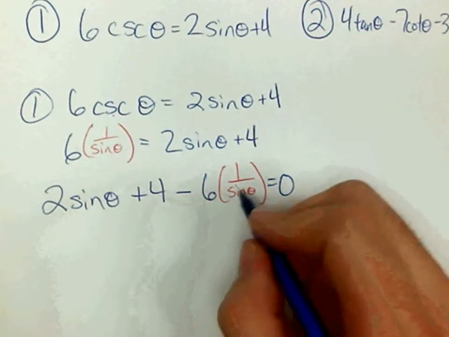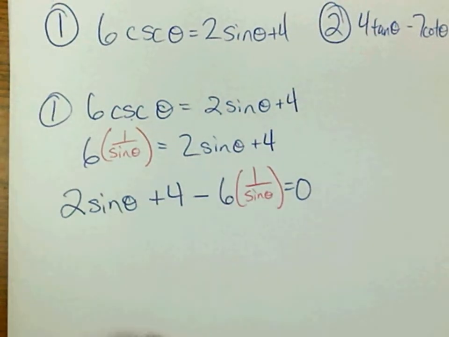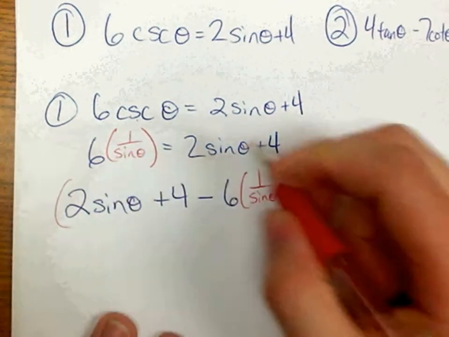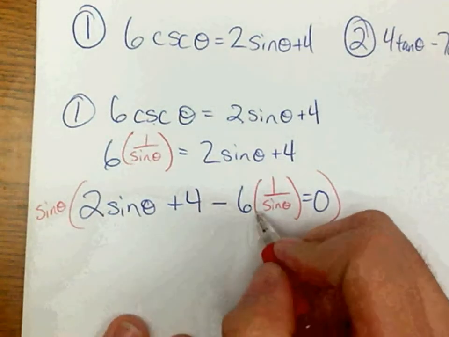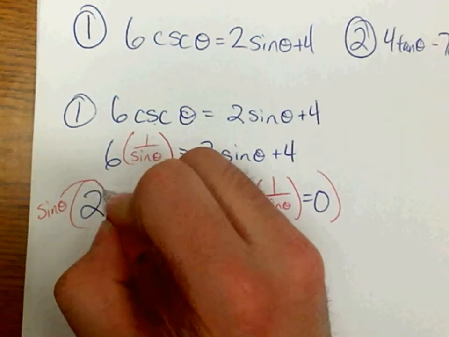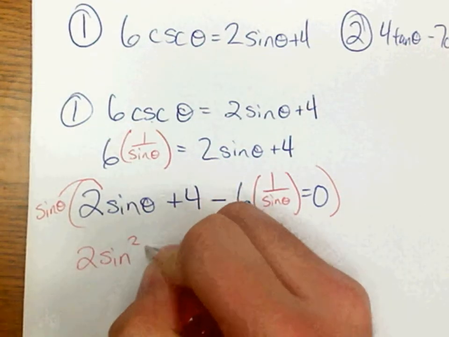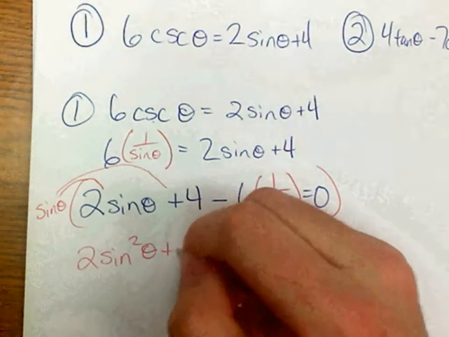I don't want this fraction. So what I want to do now is I would like to distribute a sine theta to every term. Of course, sine theta times 2 sine theta gives me 2 sine squared theta. Sine theta times 4 gives me plus 4 sine theta.